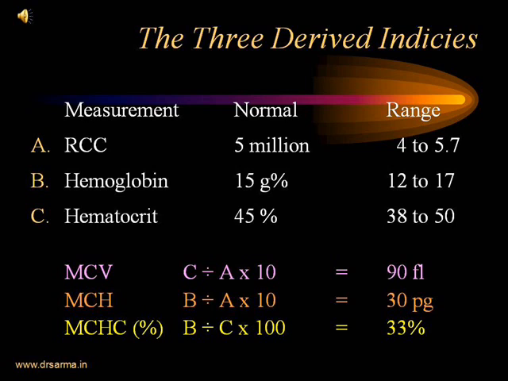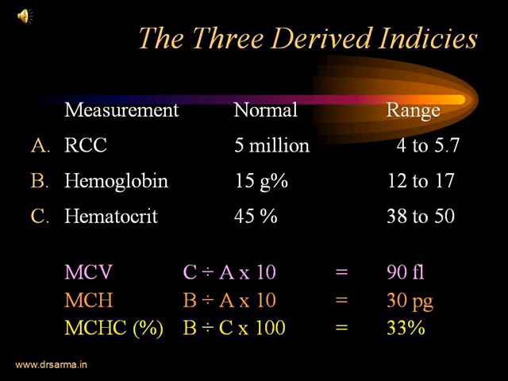MCV, mean cell volume, is equal to total volume of the RBC, that is C, hematocrit, divided by total number of RBC, 5 million, that is A. Total volume divided by the total number.